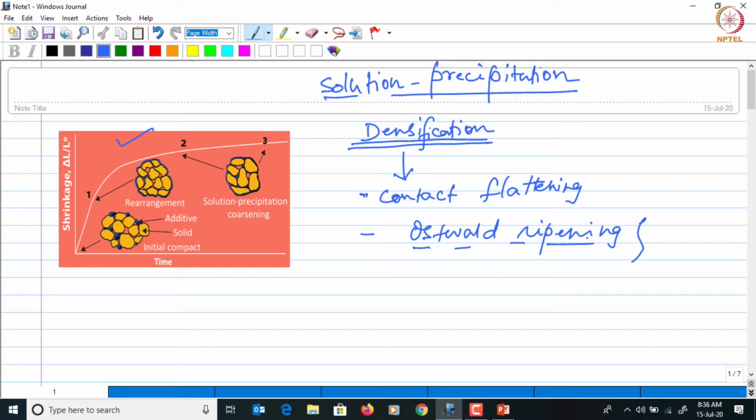So let us first talk about the contact flattening mechanism.